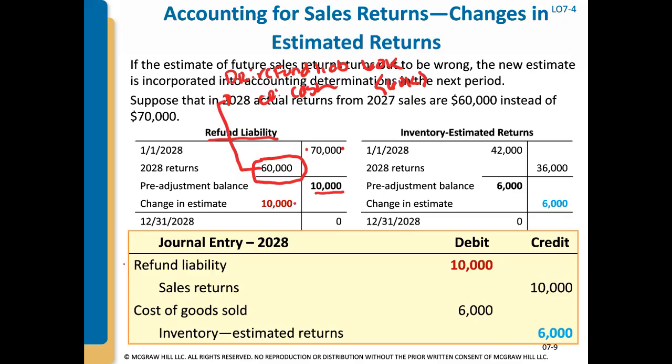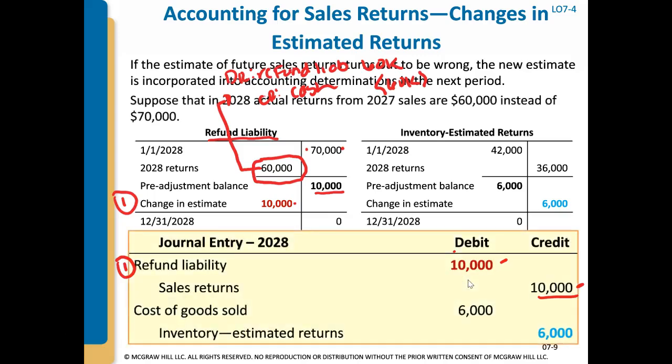So here's our first step. Entry number 1 right here, or I should say, hold on, not to confuse you guys. This is entry number 1 right here: we have to debit refund liability by $10,000, and we're going to increase our sales returns by $10,000.